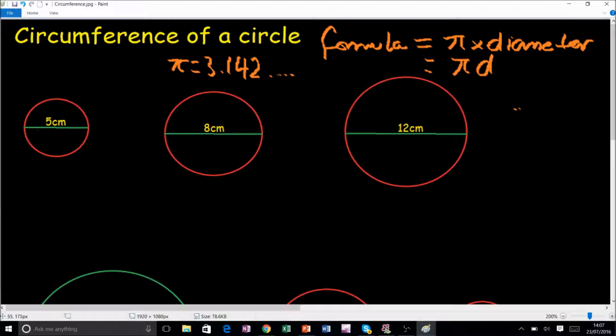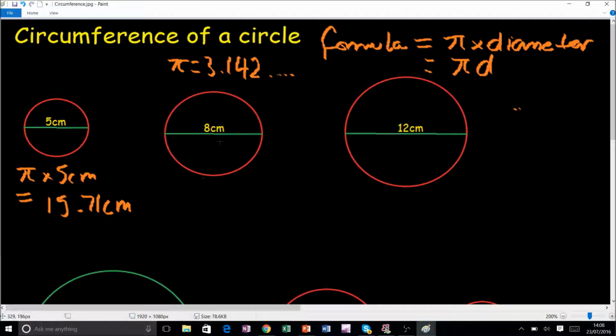So let's look at our first question. We've got our diameter is 5 centimeters. In order to work out the circumference of this circle, it will be pi times 5 centimeters, which if you put on a calculator, 3.142 times 5, gives us 15.71 centimeters.